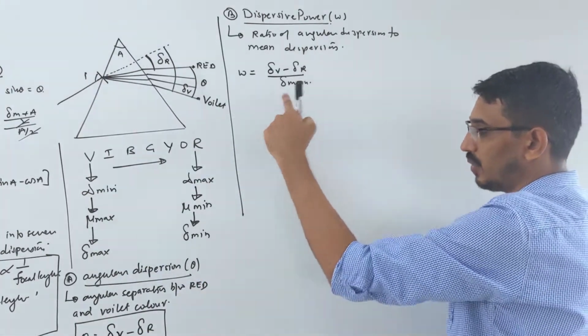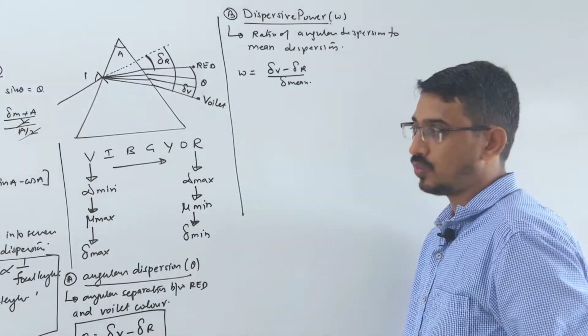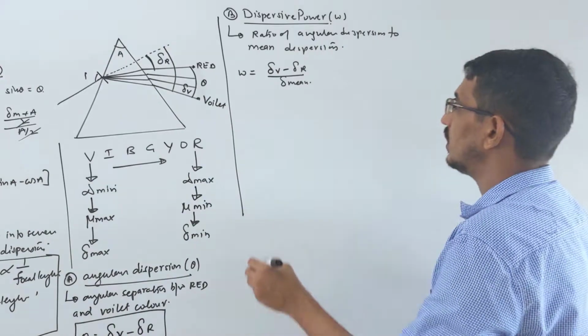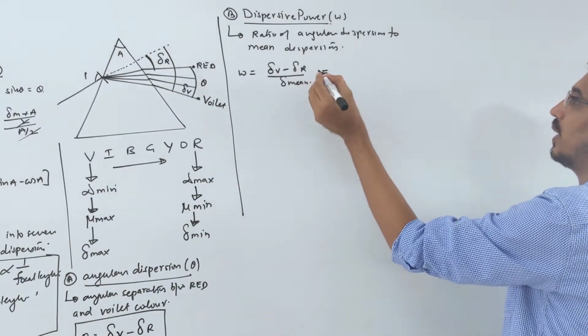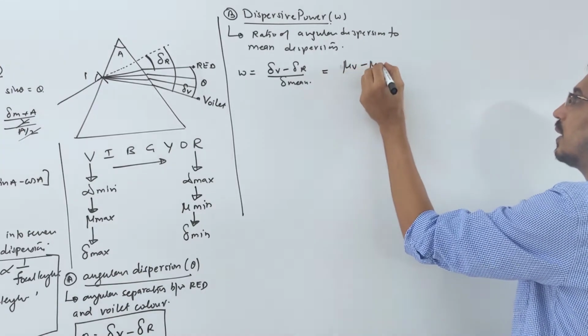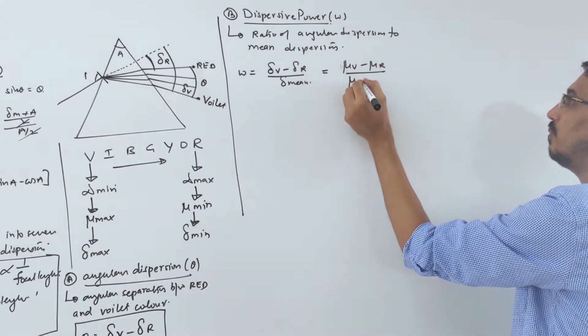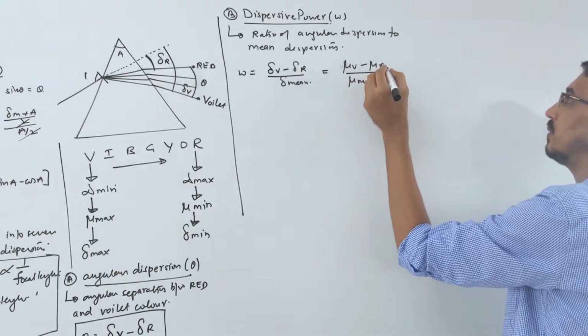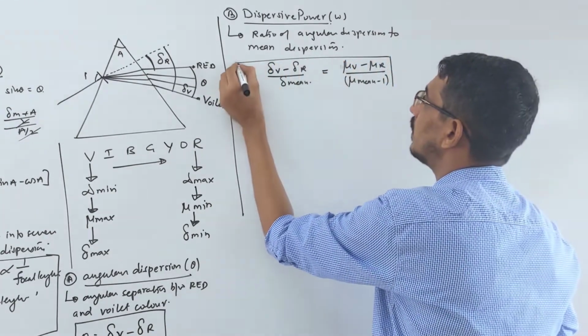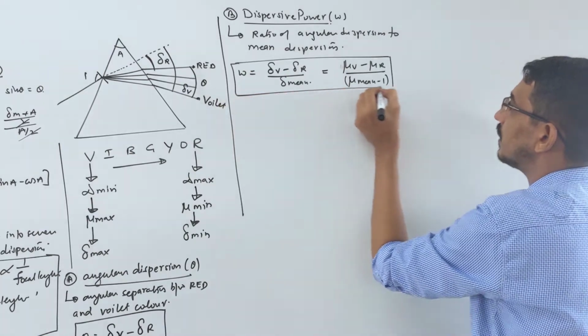Just write mu mean minus 1, into A, and A gets cancelled, so you get this answer. Either you write it this way, or you write mu of the violet color minus mu of the red color, divided by mu mean minus 1. That will be your answer. Done. This is your dispersive power.